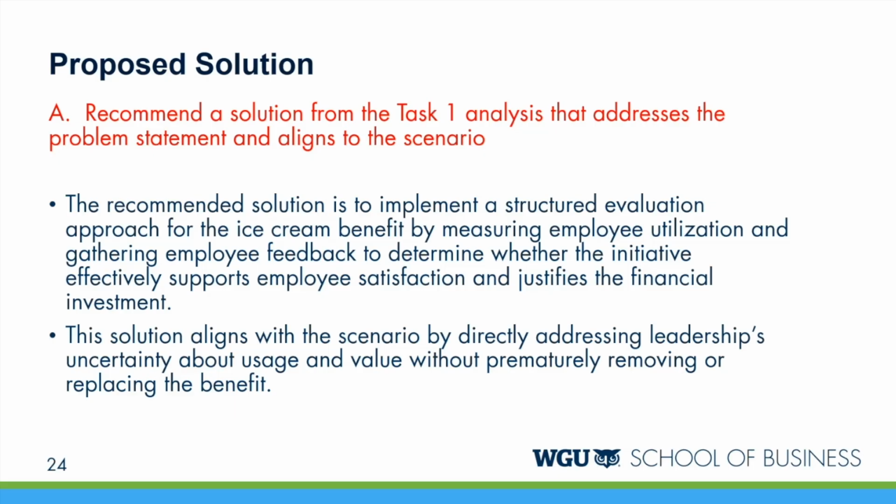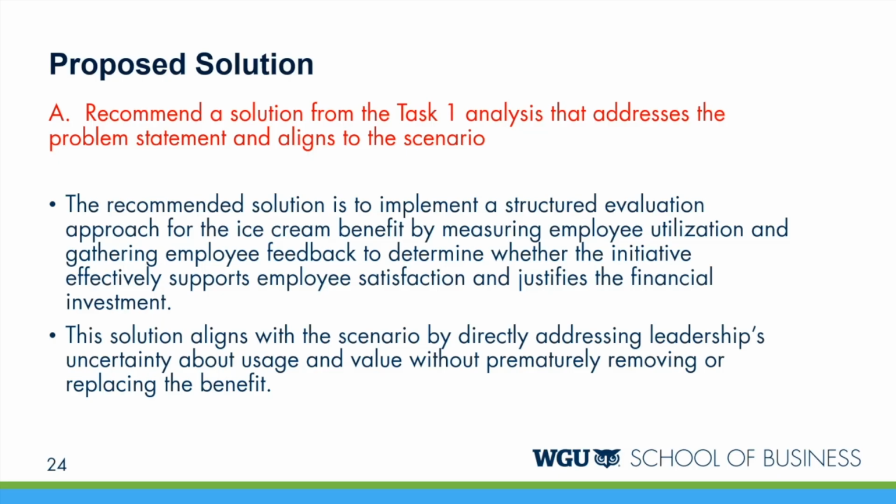So here's how we could answer this. The recommended solution is to implement a structured evaluation approach for the ice cream benefit by measuring employee utilization and gathering employee feedback to determine whether the initiative effectively supports employee satisfaction and justifies the financial investment.